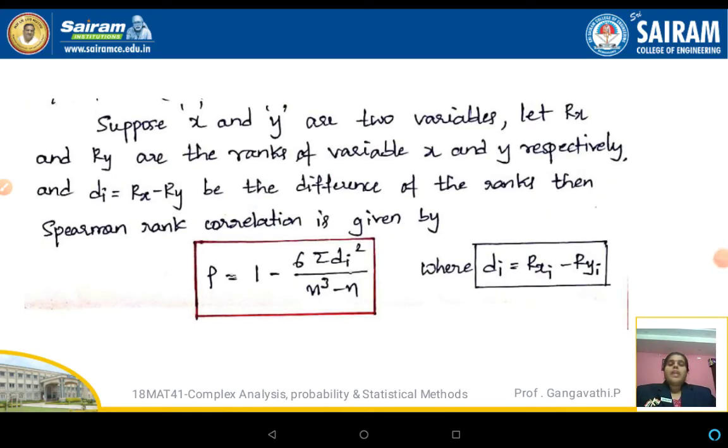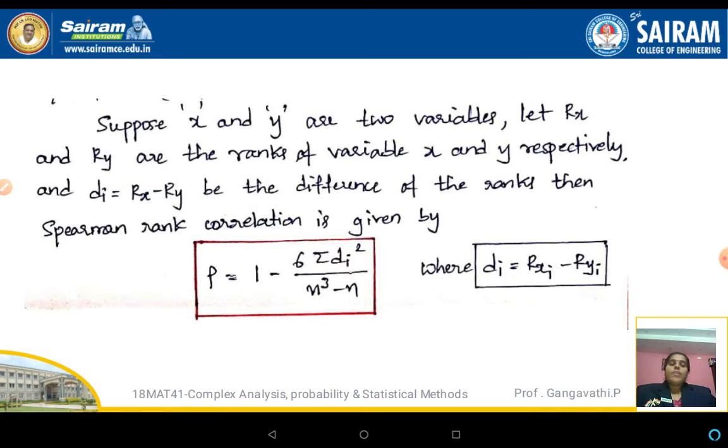Suppose x and y are two variables. Let Rx and Ry be the ranks of the variables x and y respectively. Then di, the difference between Rx and Ry, is Rx minus Ry.